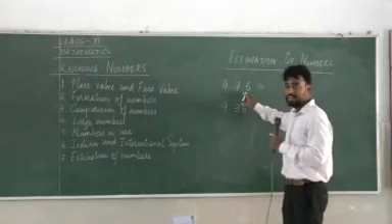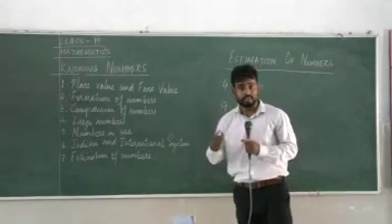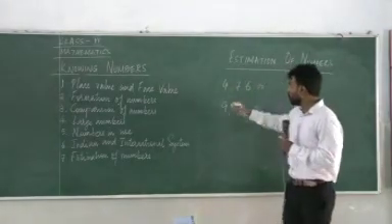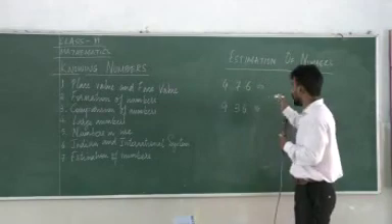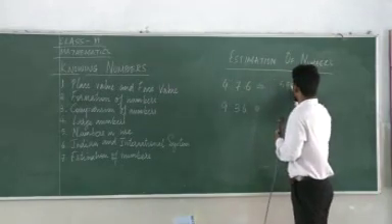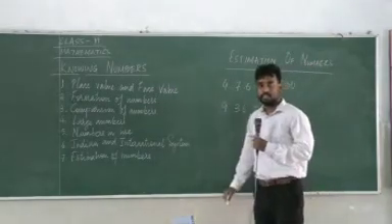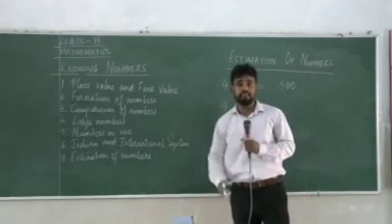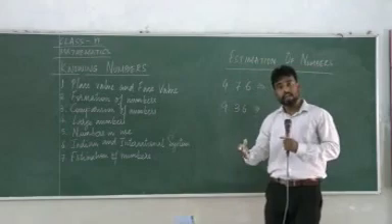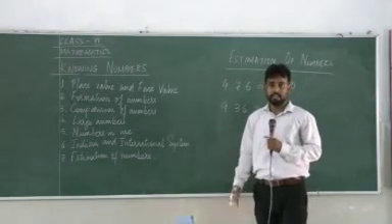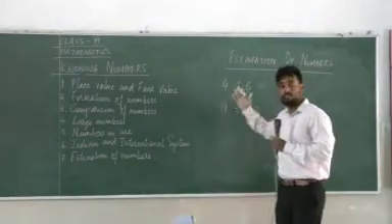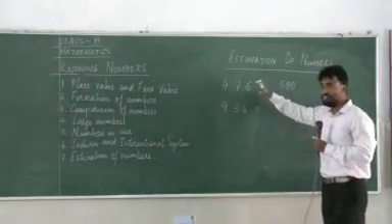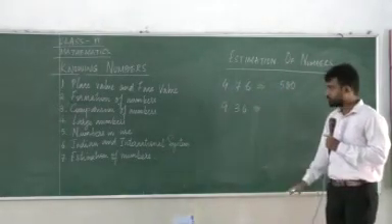Now 476 is greater than 450. So therefore, 476 will become 500. If this number 476 would have been lesser than 450, then 400 would have remained as 400. But since it is greater than 450, 476 will become 500.